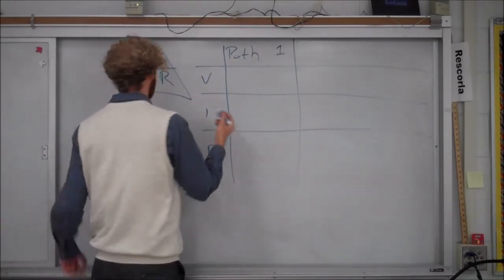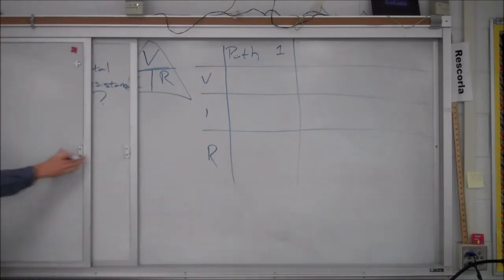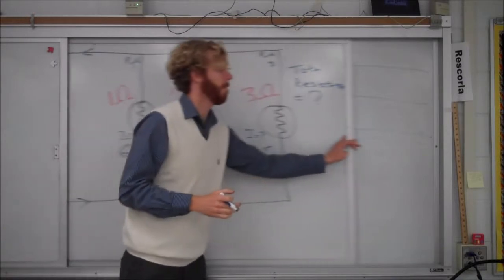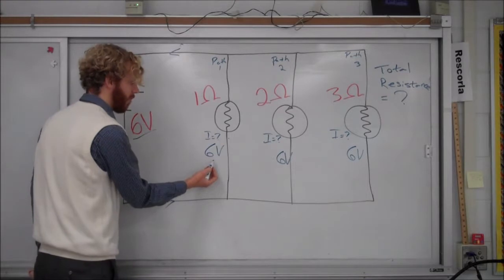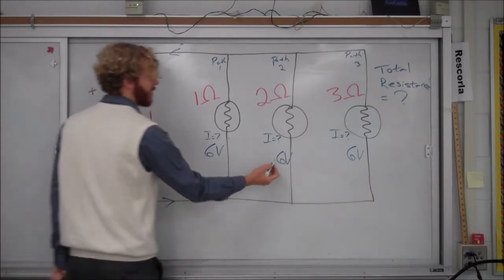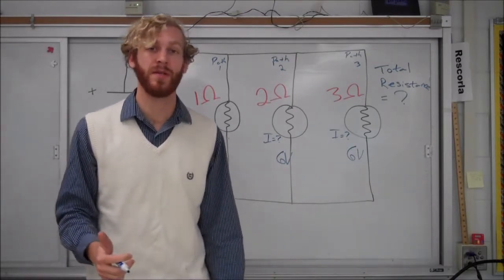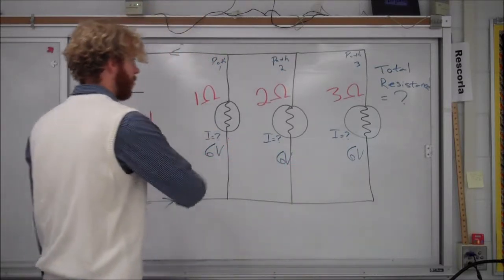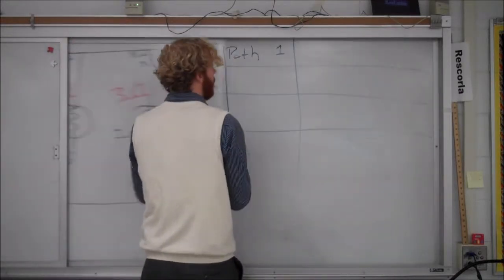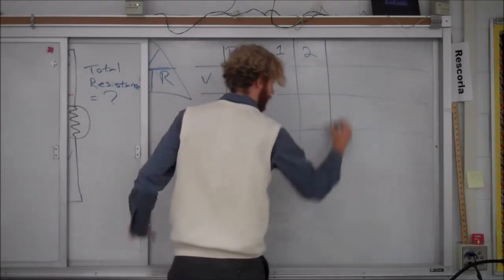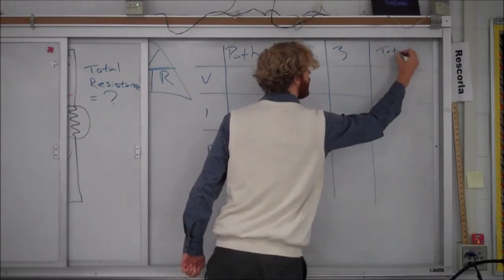So, the voltage for path 1, we're going to write down our given. For path 1, our voltage is 6 volts. For path 2, it's 6 volts. For path 3, it's 6 volts. Remember that the potential difference is the same throughout all the paths. Then our total.